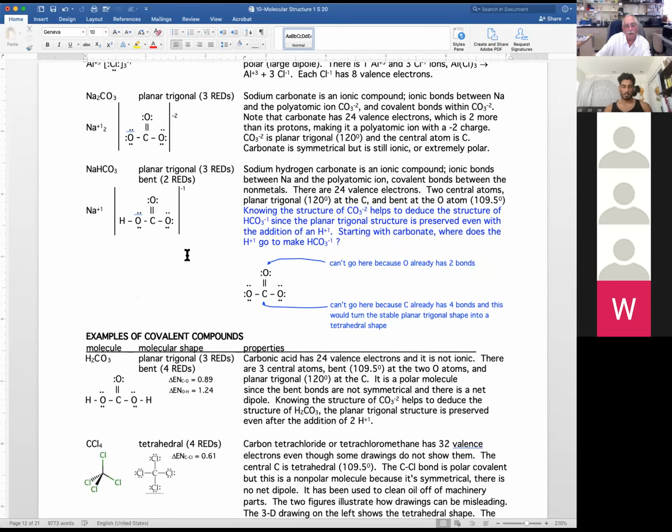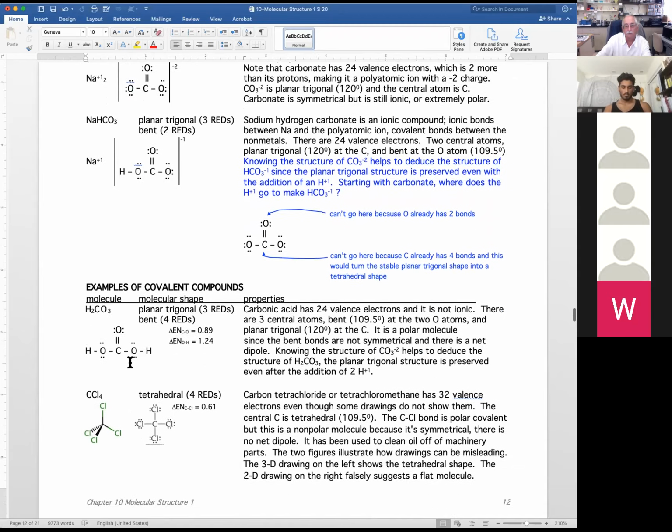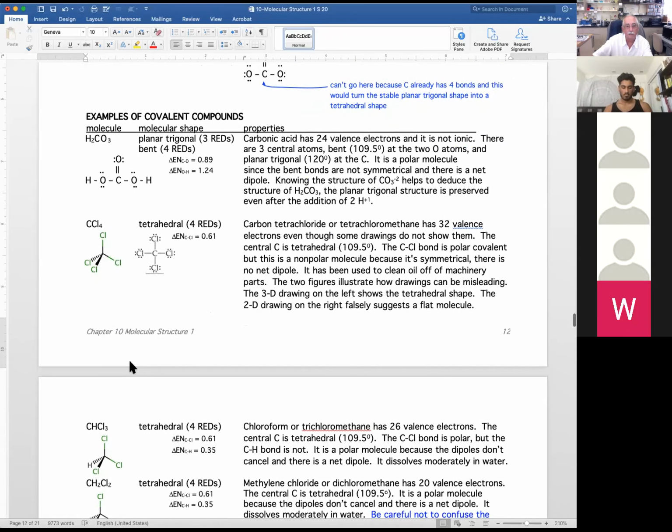Now, what if I put another hydrogen right here? Now I no longer have a polyatomic ion. So now I have a covalent compound. Its name is carbonic acid.